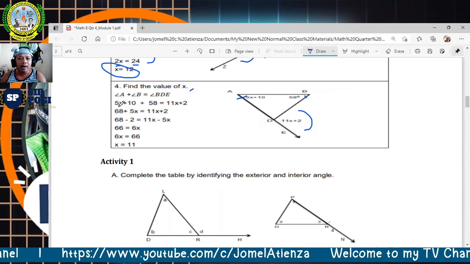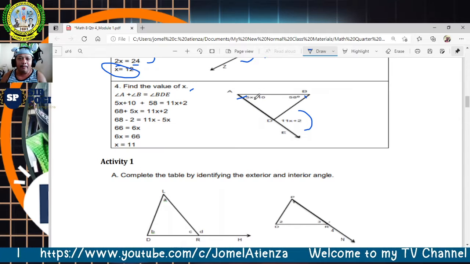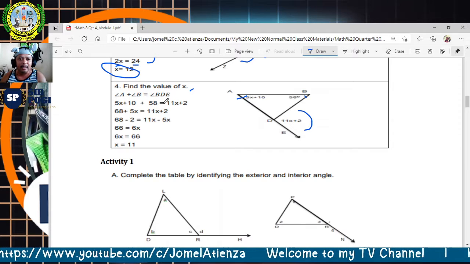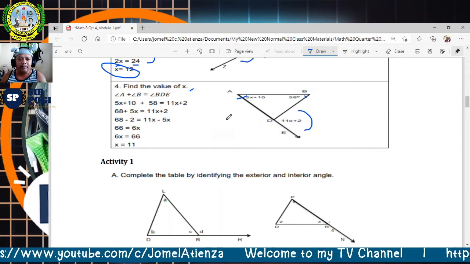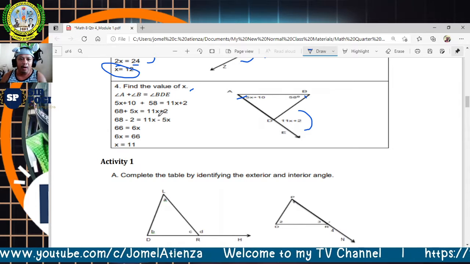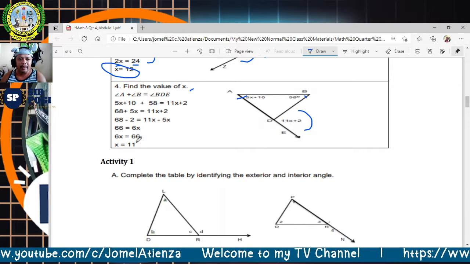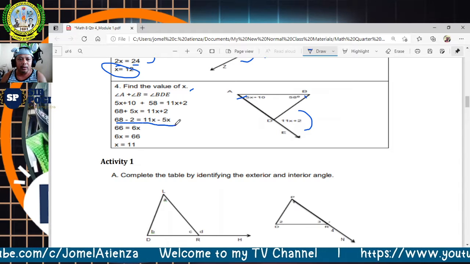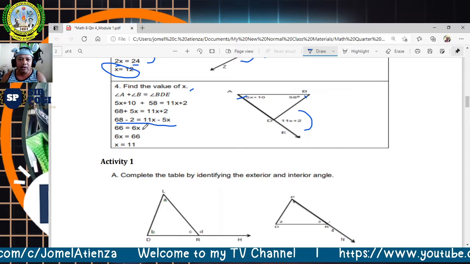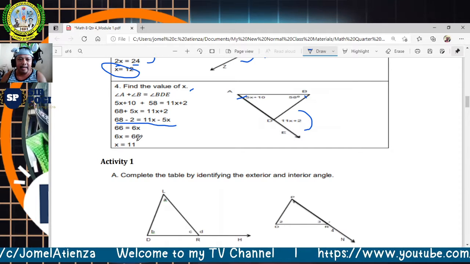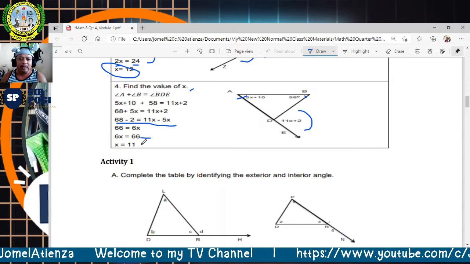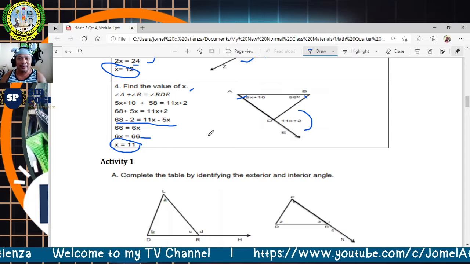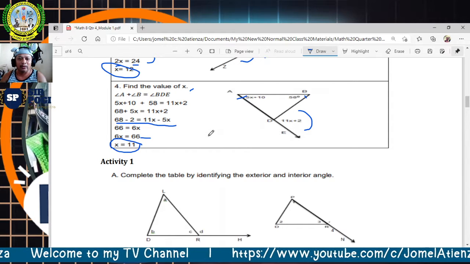We substitute the value of A, which is 5x plus 10, and then 58 is equal to 11x plus 2. So, combine similar terms again. This is what we get: 68 minus 2 is equal to 11x minus 5x. Therefore, we now have 6x equals 66. So, the value of x is equal to 11. Okay? So, clear tayo dyan. The value of x is equal to 11.